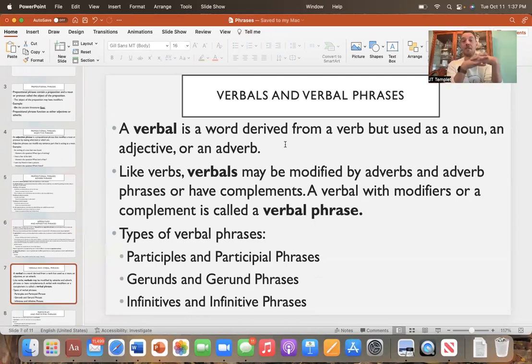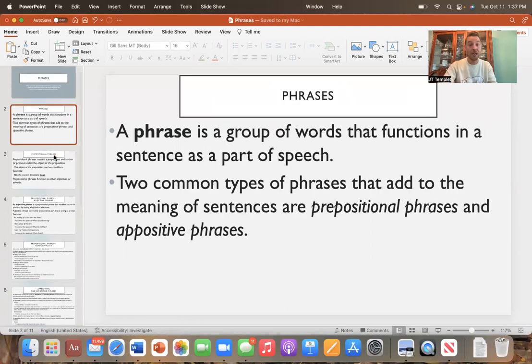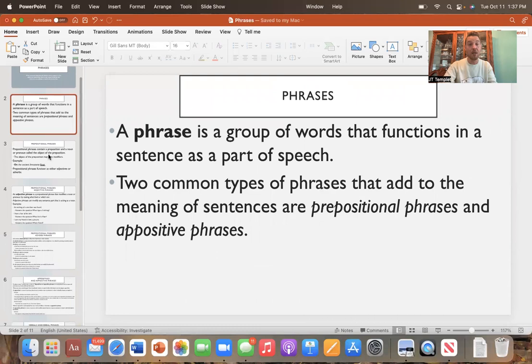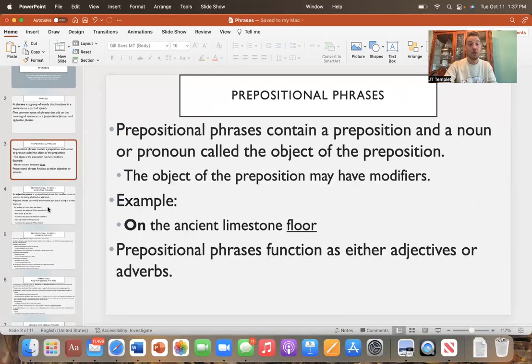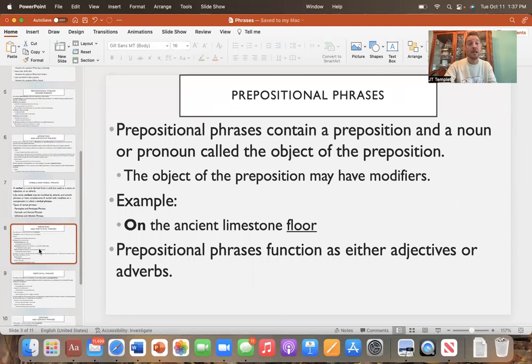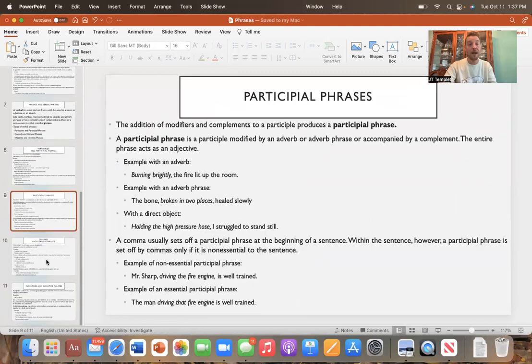Verbals and verbal phrases. A verbal is a word derived from a verb, but used as a noun, an adjective, or an adverb. So all of these types of phrases I'm now going to cover, the previous ones were sitting there modifying nouns.